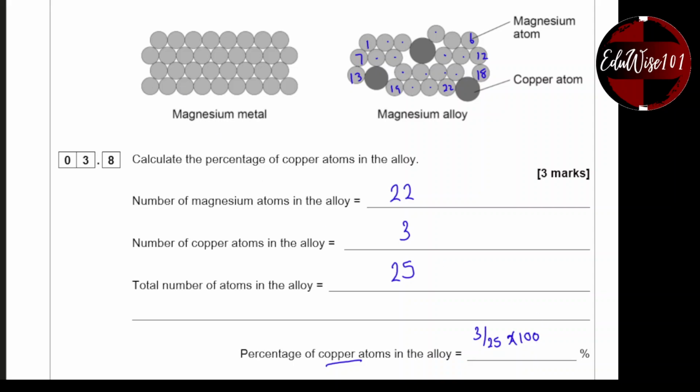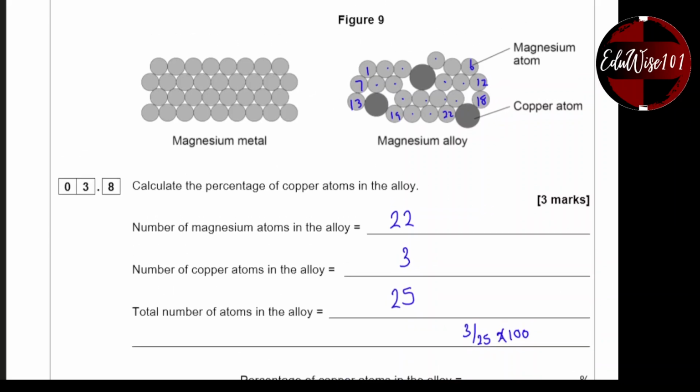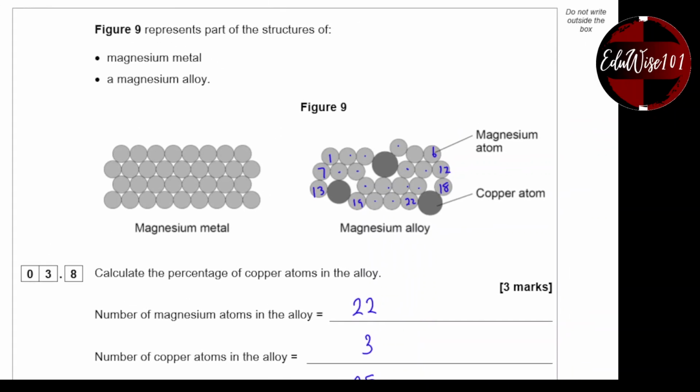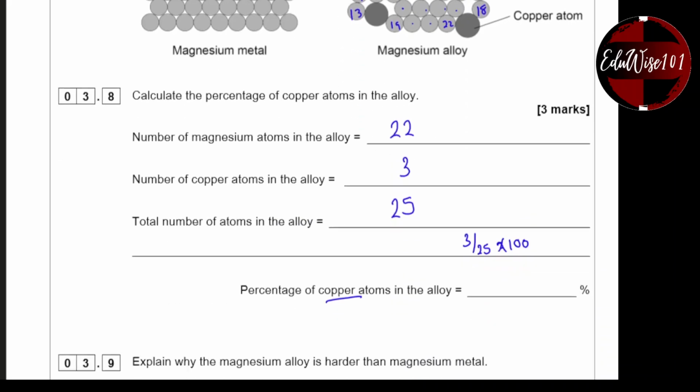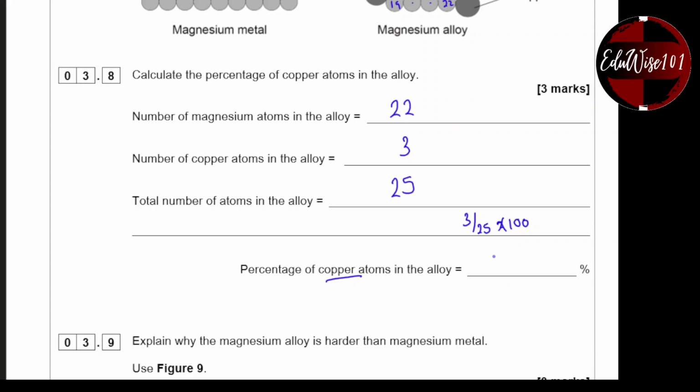Just bear with me 1 second. And that would be 12. 3 divided by 25 will be 12%.